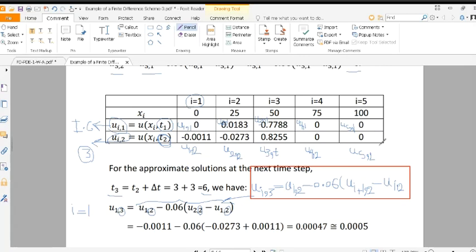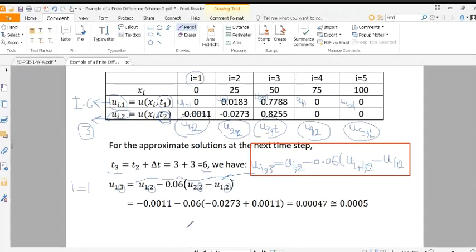We have the values of u at t2: u(5,2), u(4,2), u(3,2), u(2,2) and u(1,2), so it is sufficient to replace these values in this equation. u(1,2) is minus 0.0011, u(2,2) based on the table is minus 1.0273, and u(1,2) is again minus 0.0011. The result is approximately 0.305.